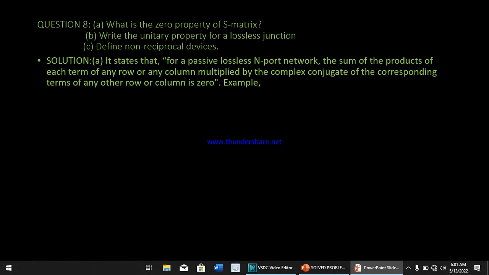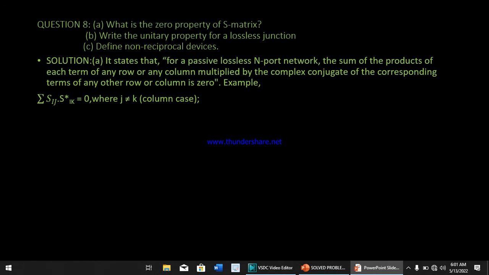It states that for a passive lossless n-port network, the sum of the product of each term of any row or any column multiplied by the complex conjugate of the corresponding terms of any other row or column is 0. For example, the sum of Sij and the conjugate of Sik is 0, where j is not equal to k.